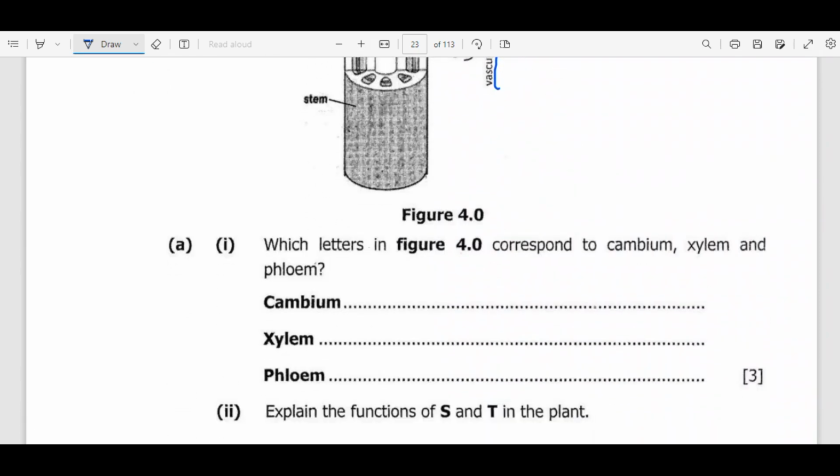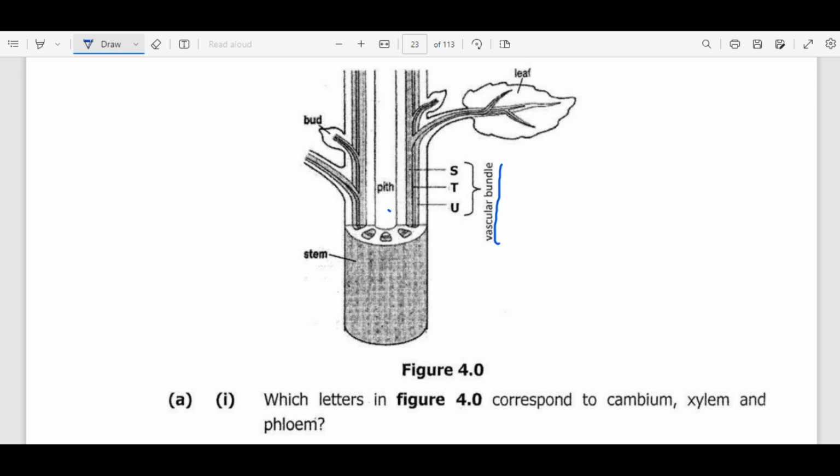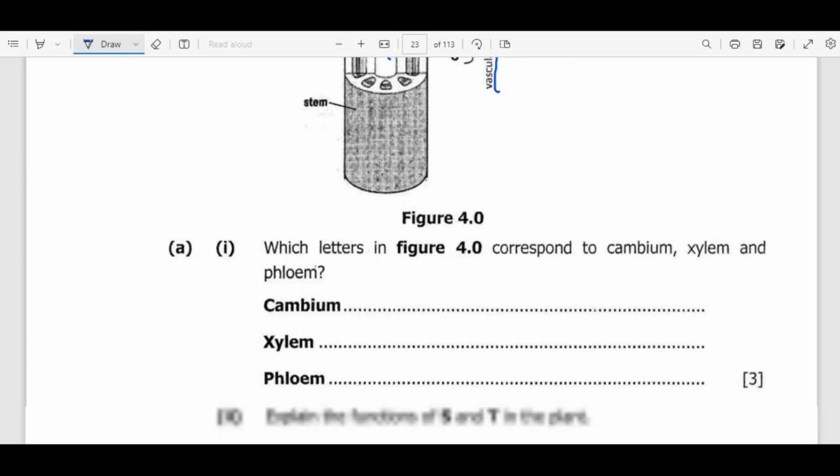So now, which letter in figure 4.0 corresponds to cambium, xylem, and the phloem? Here you find that mostly the cambium is found between the xylem and the phloem.